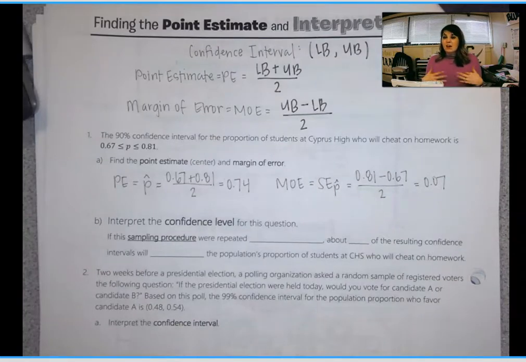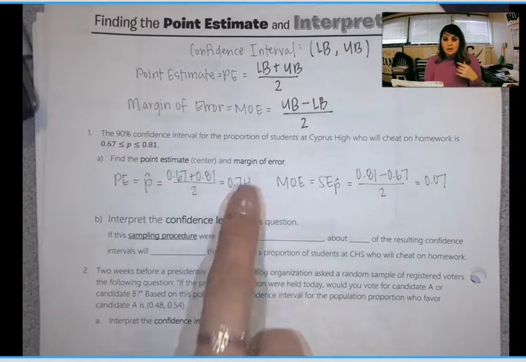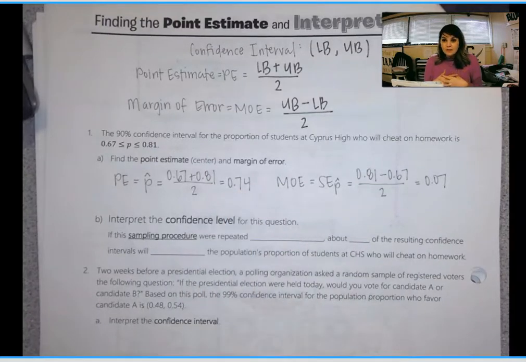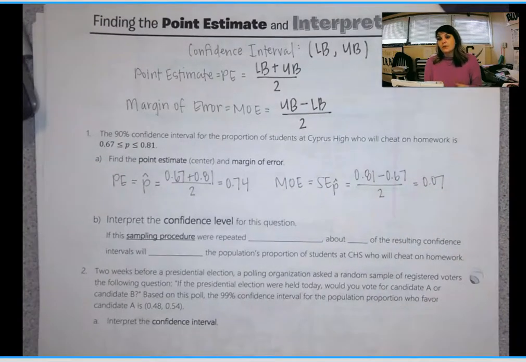So I'm going to say that all one more time. We took a sample and we calculated the proportion that will cheat on homework. That proportion was 74%. And based on our confidence level and our sample size, we think that we're off by about 7% from the true value.